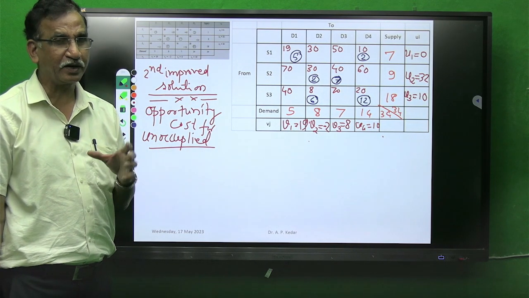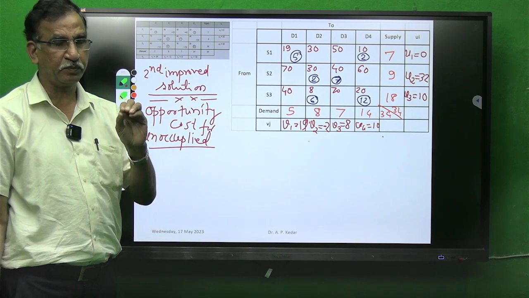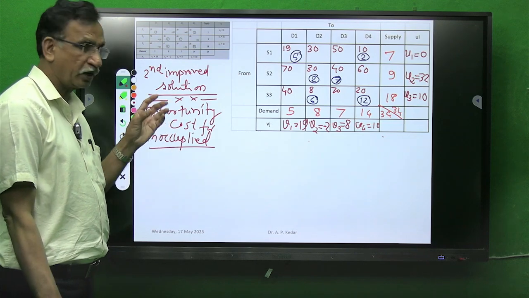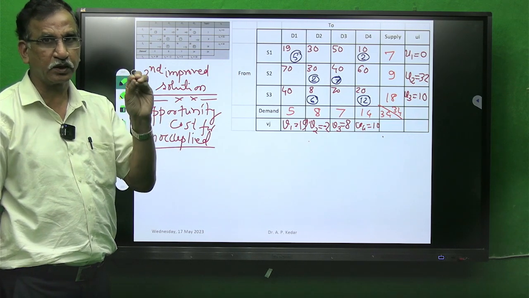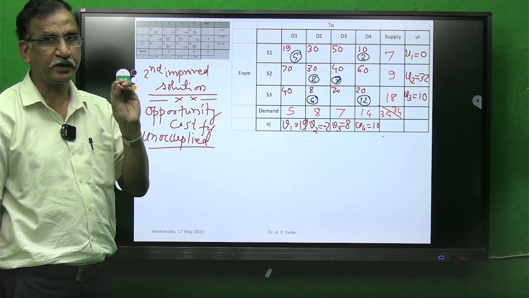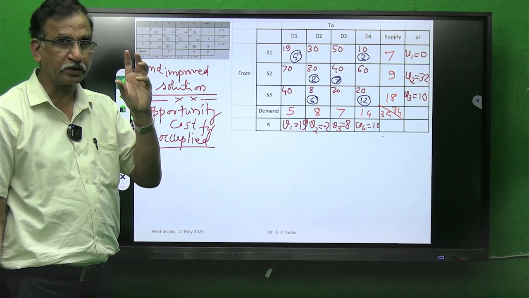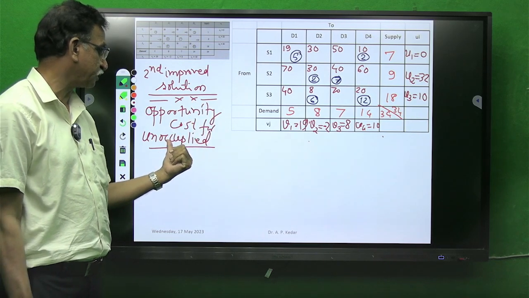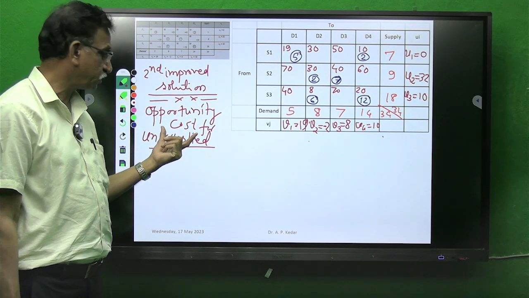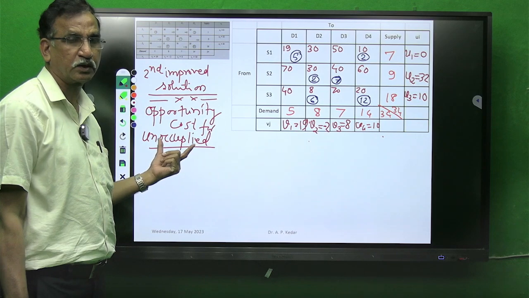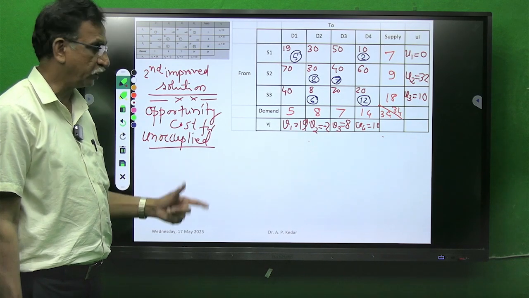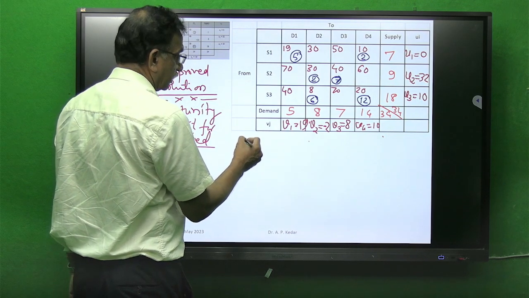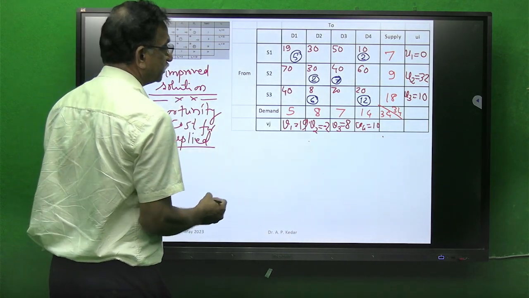I am repeating the same word many times intentionally, so that the word enters your mind, and you understand that if sir is repeatedly saying this word, it is related to this aspect: opportunity cost is always to be connected with unoccupied cells.